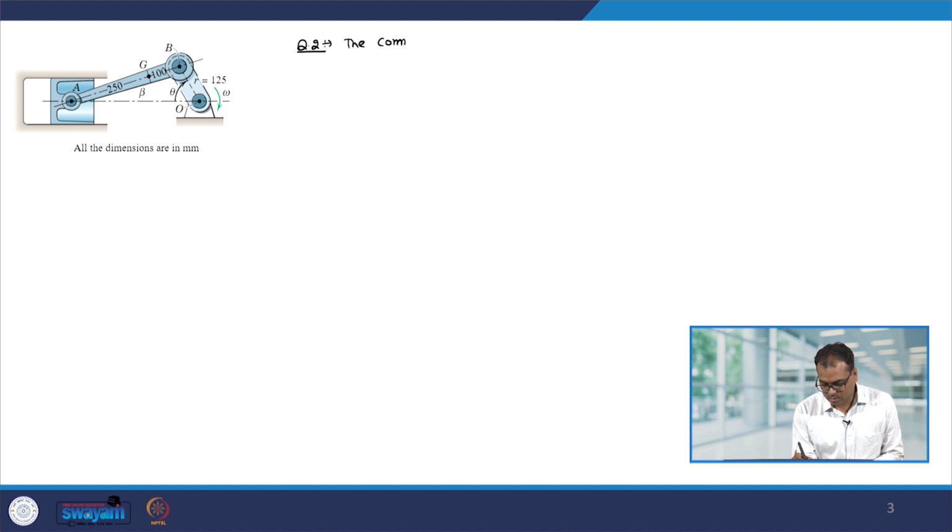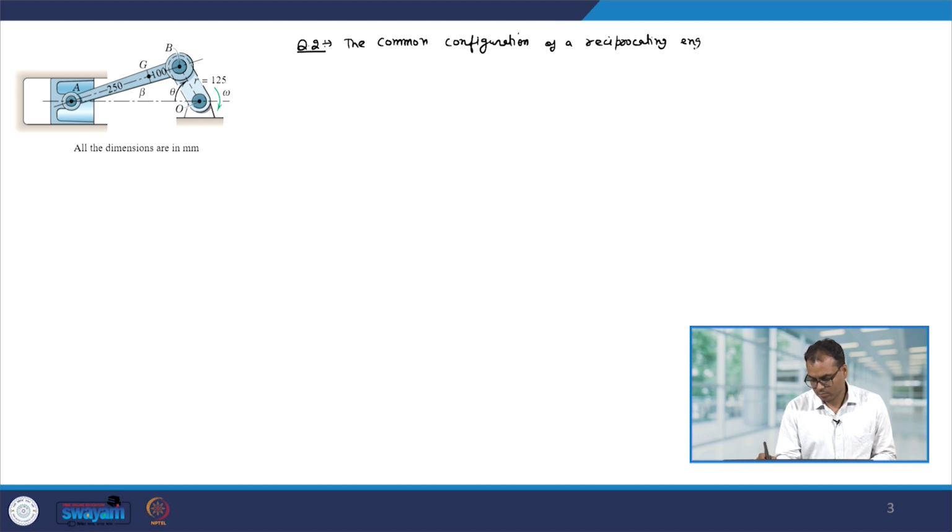The common configuration of a reciprocating engine is that of the slender crank mechanism shown.